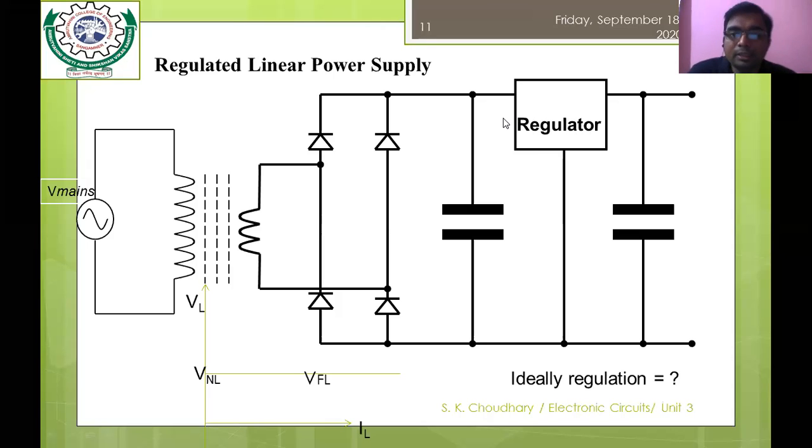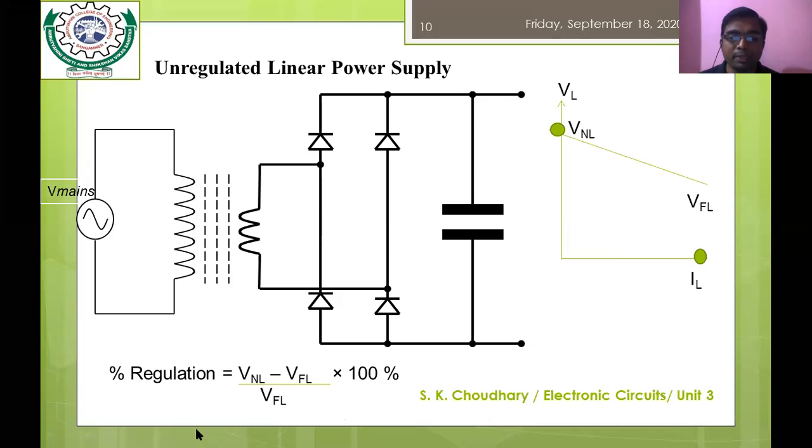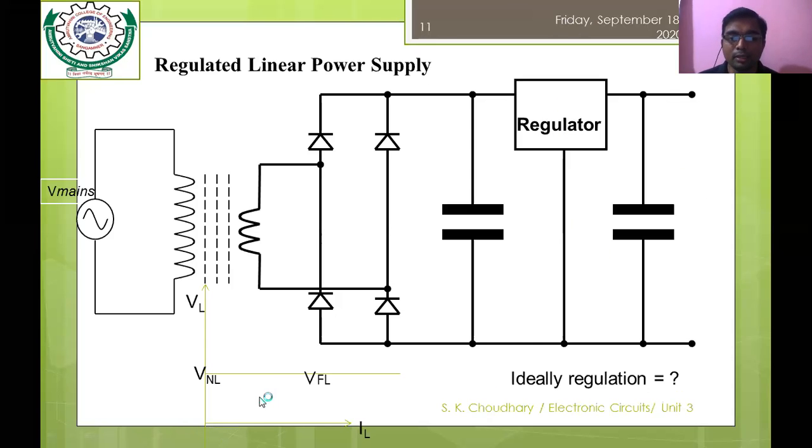No one is answering. Do you understand or not what I actually asked? It could be solved with the help of this formula, percentage regulation, and the given graph for the regulated linear power supply.